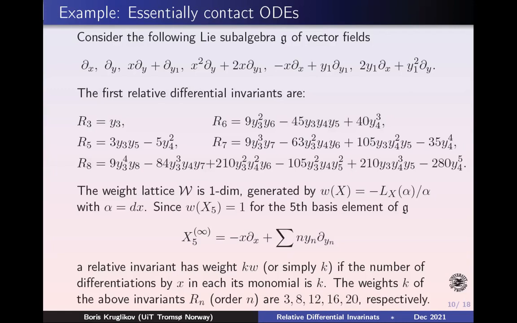It has coordinates X, Y, and Y1. Here I don't actually write Y0, I just keep Y, but I keep Y1 for the first jet coordinate. And in this space, you have the maximal algebra of contact vector fields. That's a 10-dimensional algebra. It is isomorphic to sp4(R).